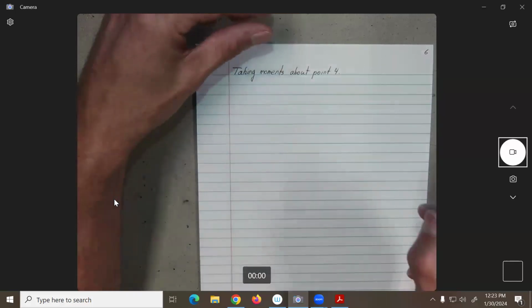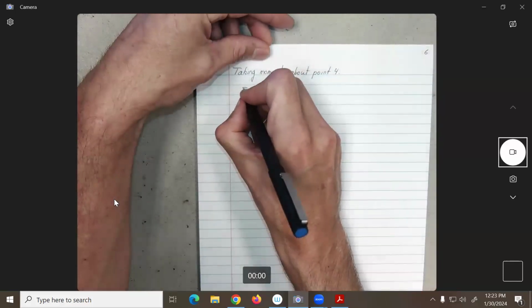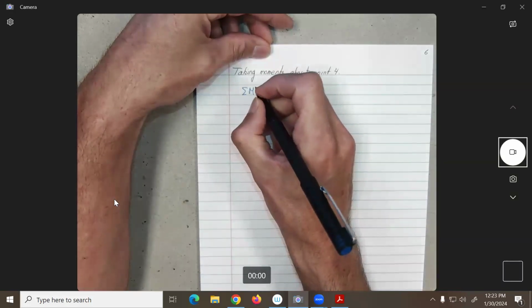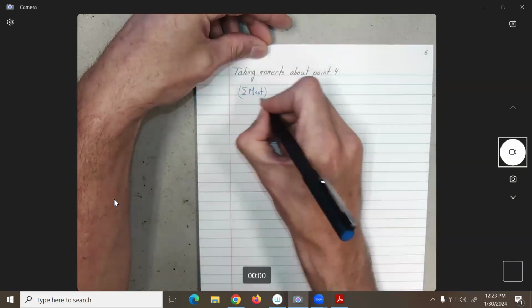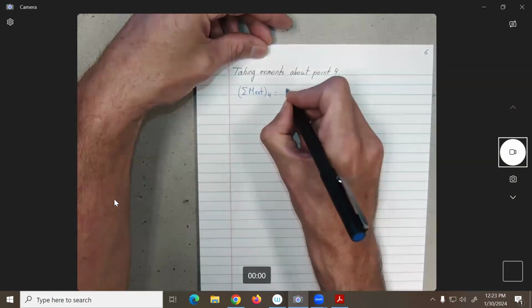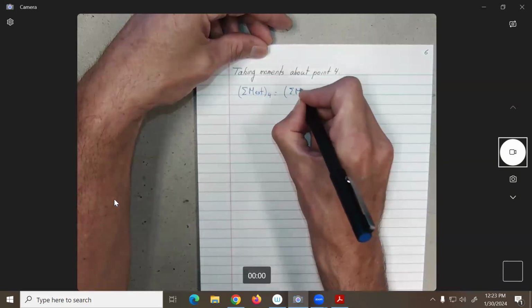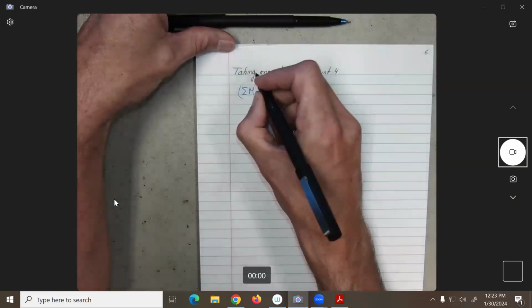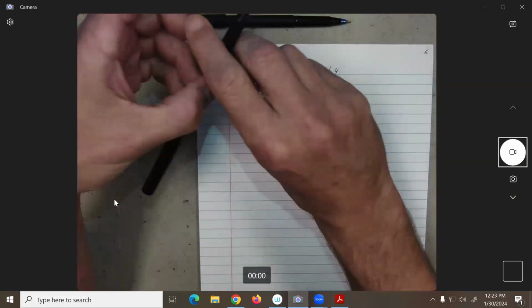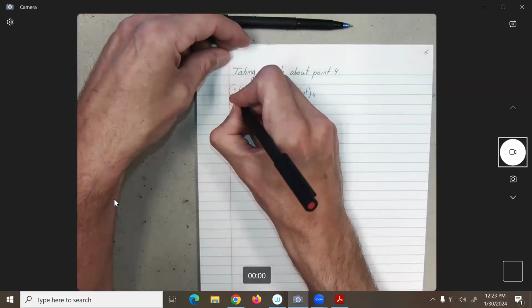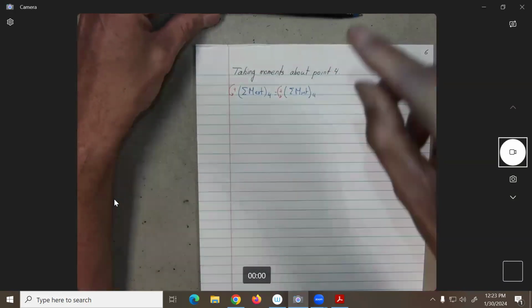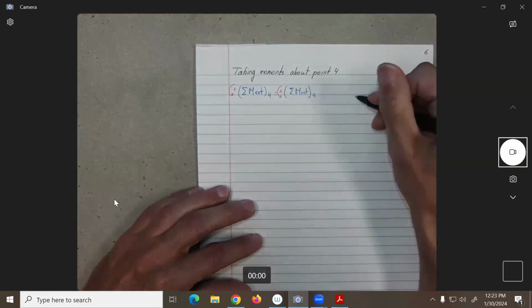So I'm going to do a figure. But I'm first going to do this one, summation of the external moments about point 4 should be equal to the summation of the internal moments about point 4. And counterclockwise will always be positive for me. So let me do a small figure here.